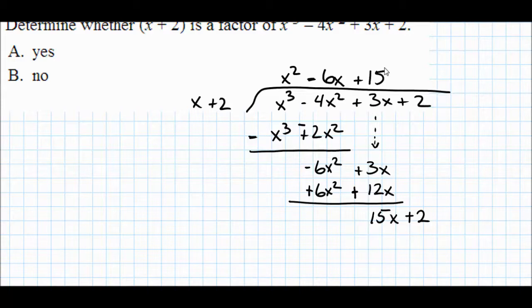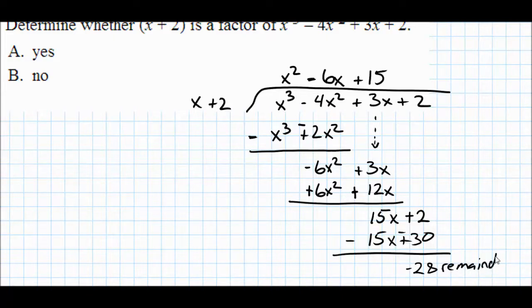So 15 times x is 15x, and 2 times 15 is 30. Let's change our signs to subtract. That's going to be 0 and a negative 28. So we have a remainder, don't we? The answer would be no. It's not a perfect factor.